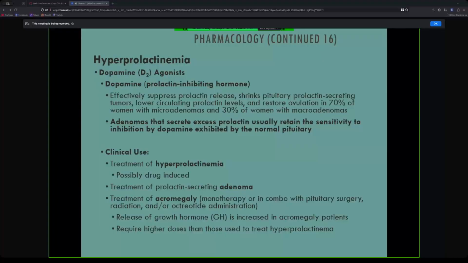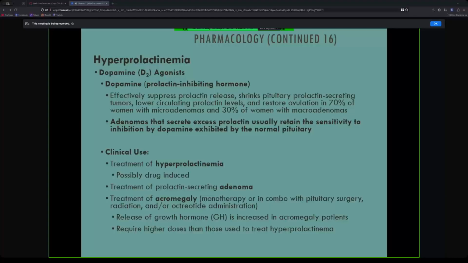So dopamine agonists are also used in acromegaly. Normally we're thinking growth hormone for acromegaly, but the dopamine agonists are also used sometimes as an adjunct, right? Because GH release is co-stimulated in some of our acromegaly patients. So we're going to utilize it sometimes with the dopamine agonist, but it's going to be much higher doses than we're going to be utilizing for hyperprolactinemia.